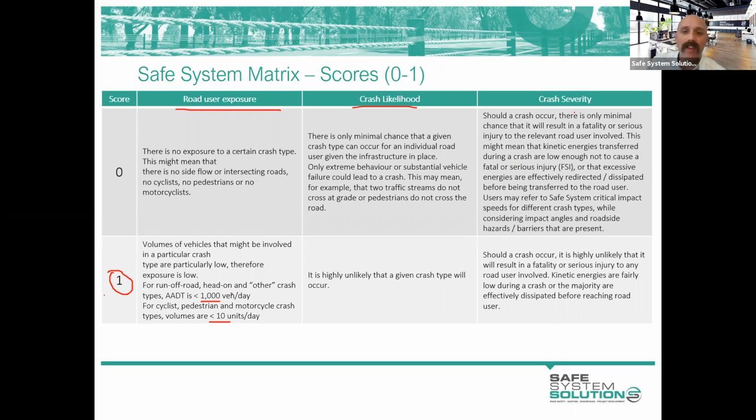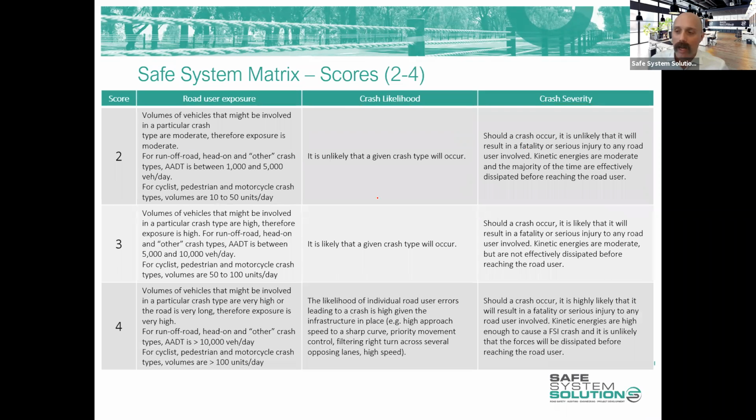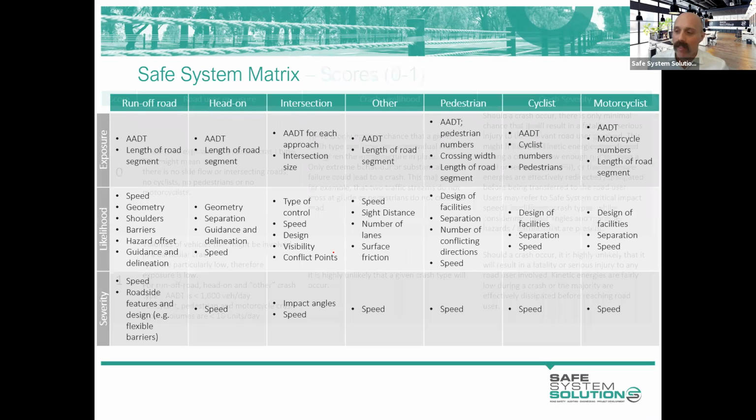The crash severity is quite well done by science and evidence in terms of those crash severity outcomes, but the subjective nature of it is you envisaging the crash type happening at certain speeds and angles. So that's where you have to paint this picture in your mind. And so you go through and you fill that out.